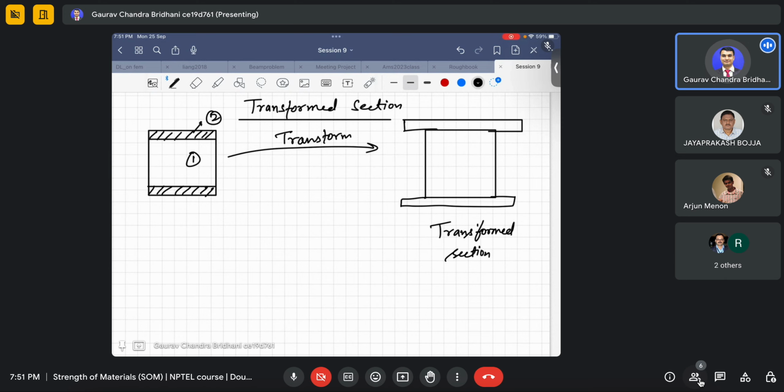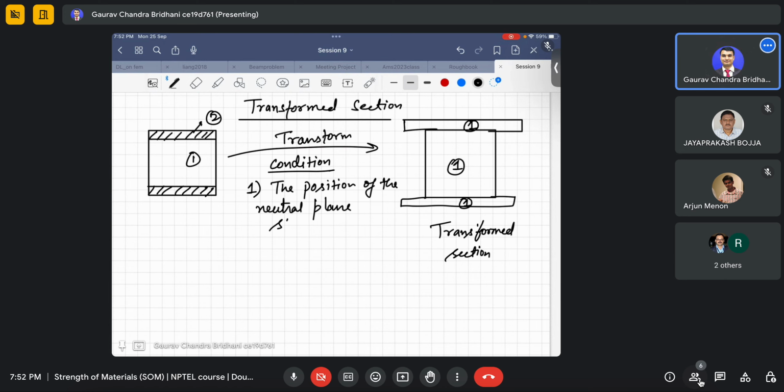In the transformed section, everything is material 1, there is no material 2. But there are conditions on which this can be transformed. First, the position of the neutral plane should not change after transformation.